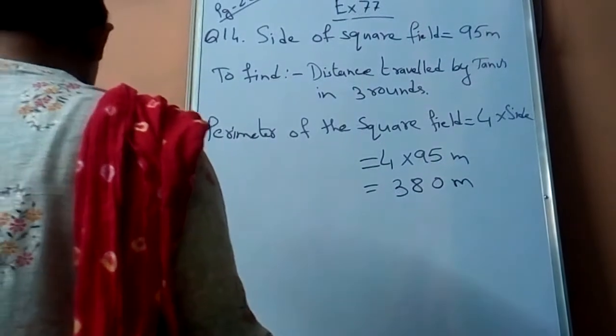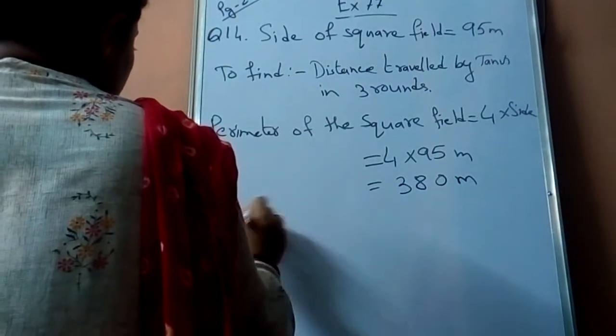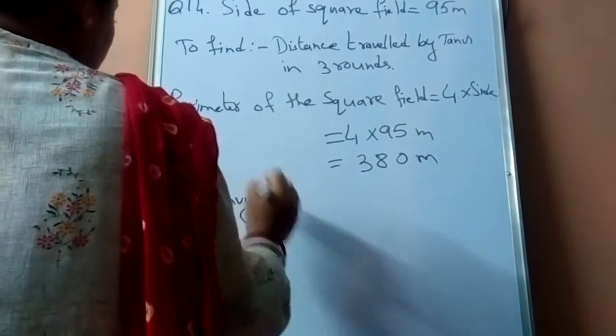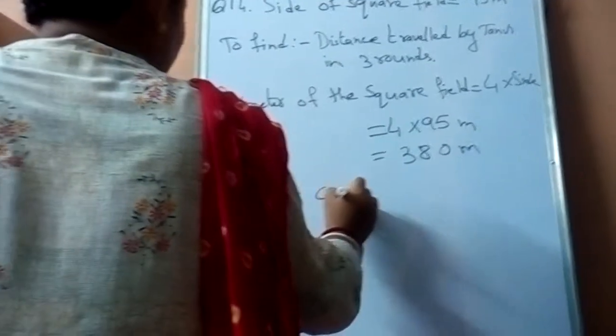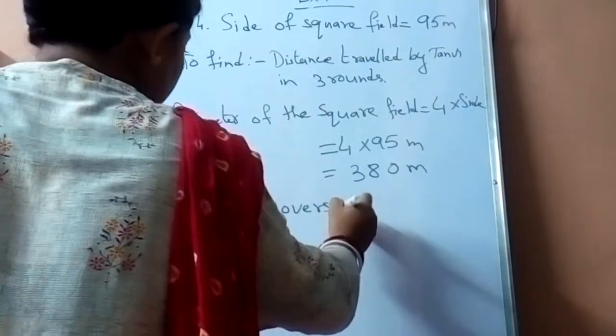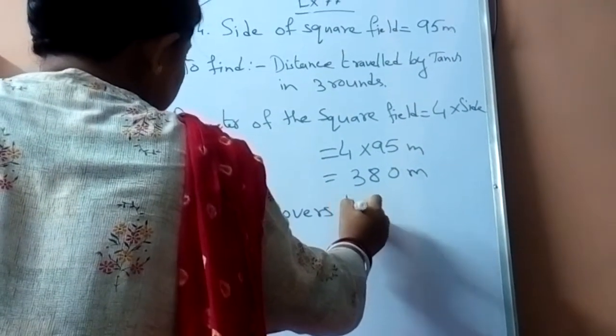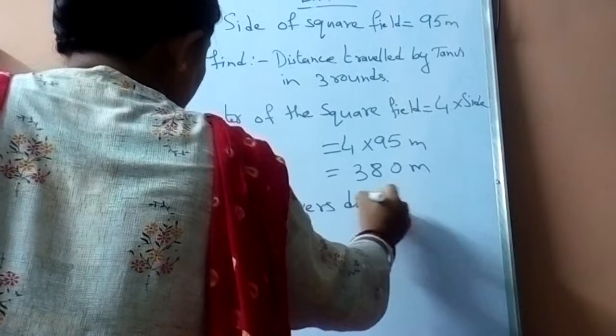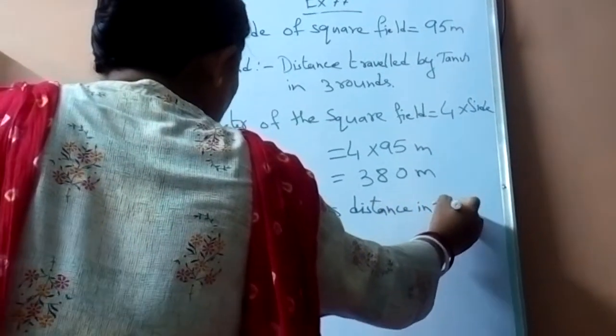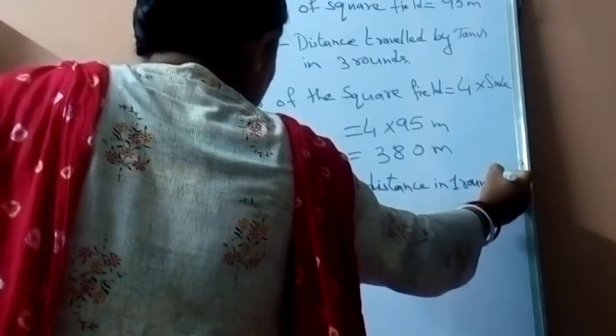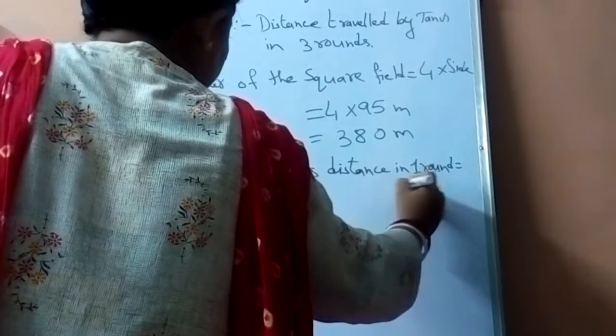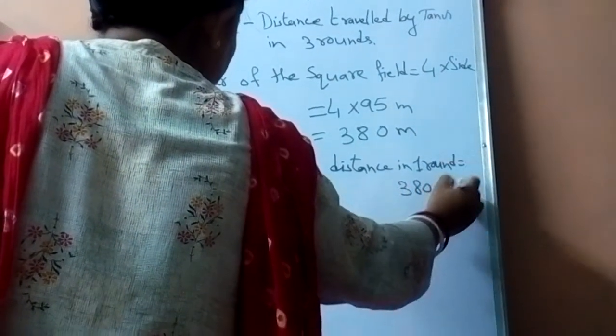So next you will write, since Tanvi covers distance in 1 round is equal to 380 meter.